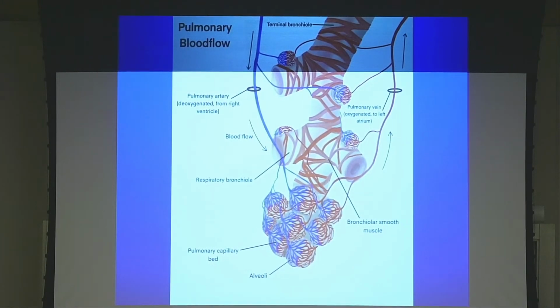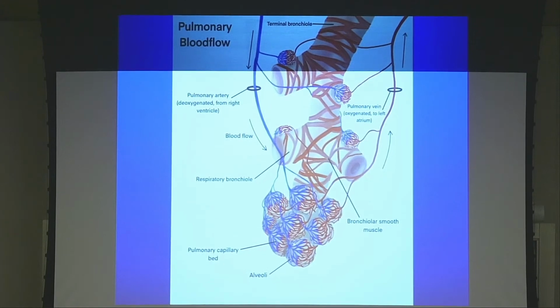And what we're looking at here is the basilar surface of those epithelial cells. And that's right adjacent to the basilar surface of the pulmonary capillaries. Now, this color difference is trying to display the idea that deoxygenated blood is coming in through these pulmonary capillaries. This is from the right side of the heart. So the right side of the heart is pumping deoxygenated blood to the lung.